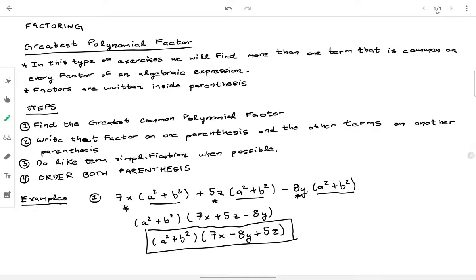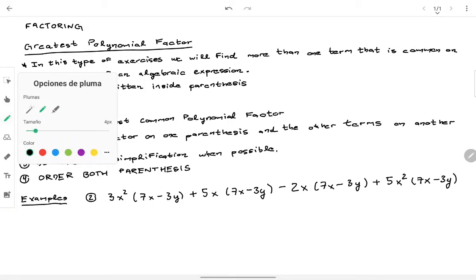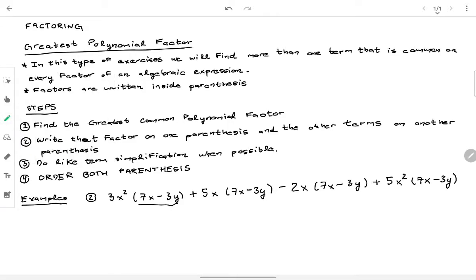Let's see another one. On the second exercise, we also have a greatest common polynomial factor. In this case, I can select this one, this one, this one, and this one, which are the same. That is the greatest polynomial factor. So I will put it here, 7x minus 3y.